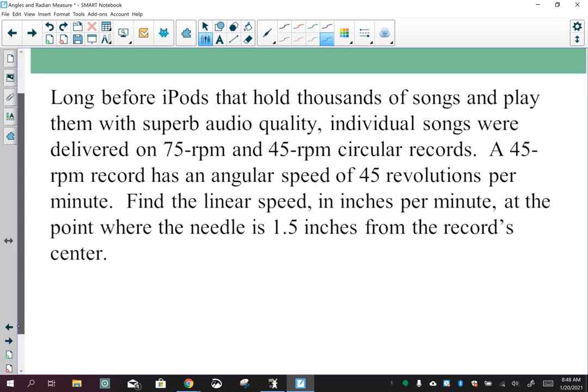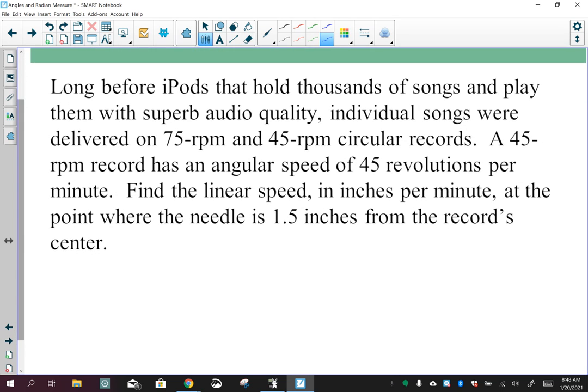Long before iPods that hold thousands of songs and play them with superb audio quality, individual songs were delivered on a 75 RPM or a 45 RPM circular record. A 45 RPM record has an angular speed of 45 revolutions per minute.